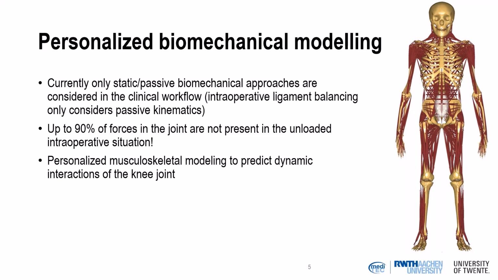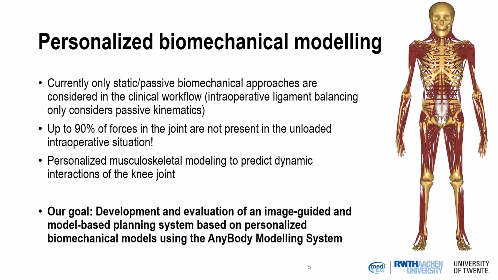However, this is a quite artificial load case and not really representing active kinematics, which we know are substantially different from active kinematics acting in the knee. Also, about 90% of the forces are not really present in this unloaded intraoperative situation. So musculoskeletal models have here the potential to predict dynamic active interactions of the knee joint, and that was also the aim of our study.